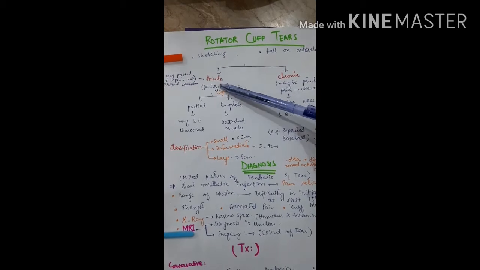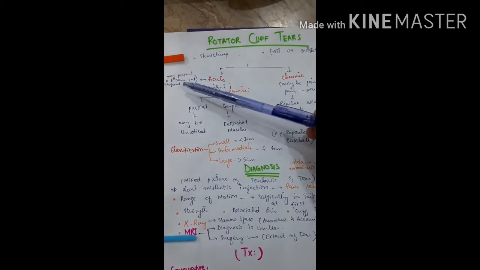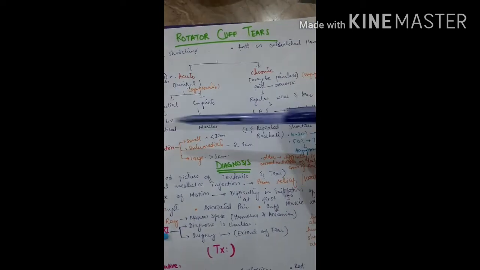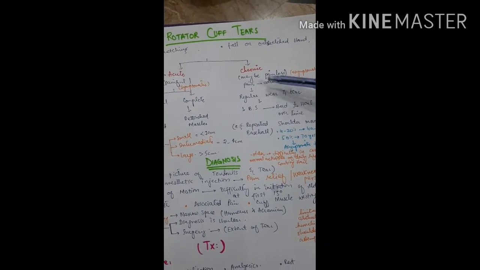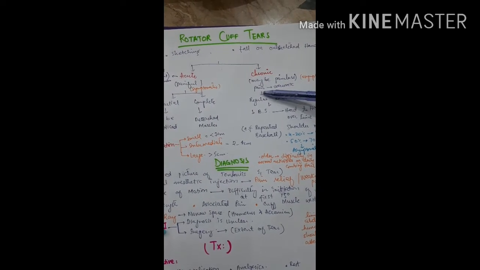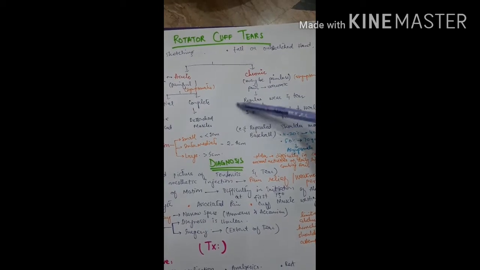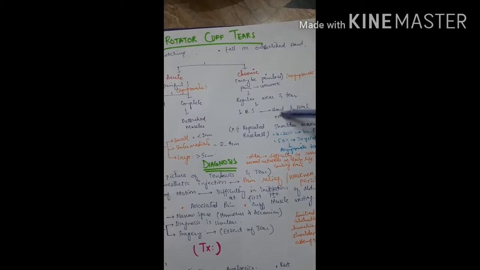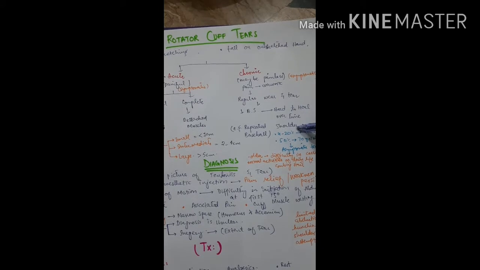Acute tears are mainly painful. At presentation, pain could be less, but there is a profound weakness, and acute tears are mainly symptomatic, and chronic tears may be painless and asymptomatic. Pain usually is present due to overwork or regular wear and tear, as the blood supply is less in this particular area, so healing is delayed and it's hard to heal over time.